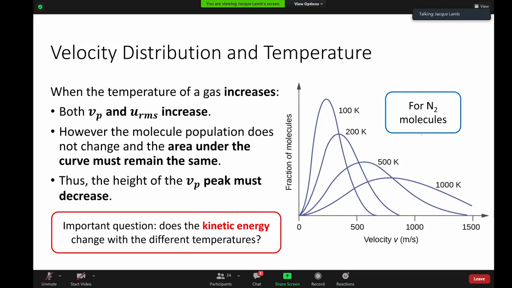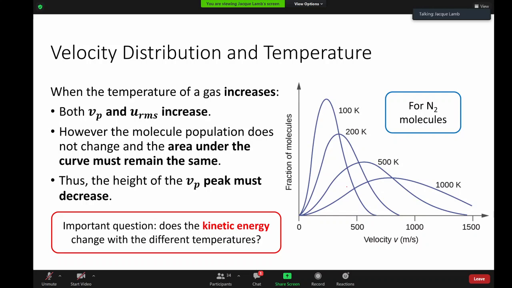This is a measure of nitrogen at different temperatures, and you can see that as the temperature increases, the most common, or most probable, velocity is going to shift to higher values. That kind of makes sense.